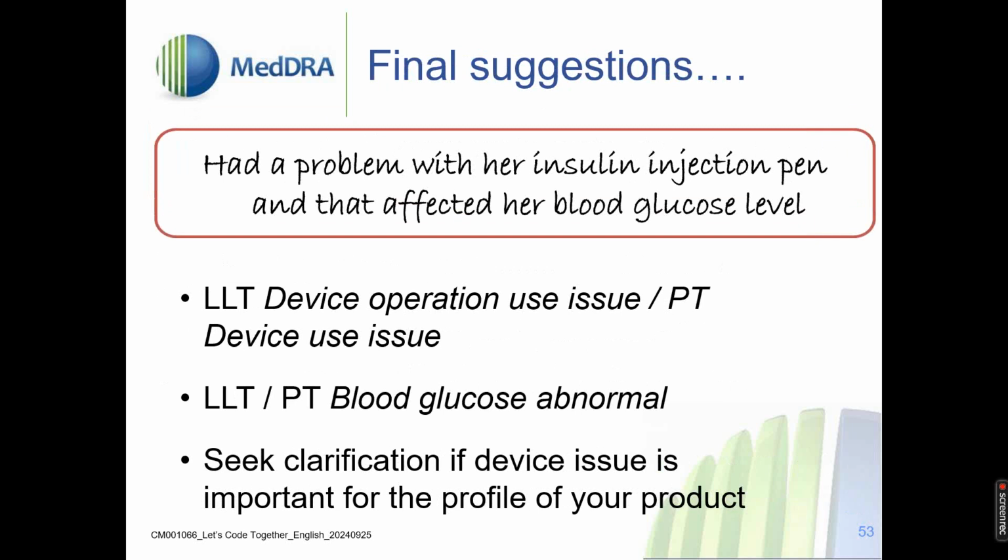And Faye is asking, how can you assume that the glucose levels were abnormal? Well, we know that it was affected. We don't know it's abnormal, except that we've been told that her blood glucose was affected. So that to me shows that there's some abnormality there.